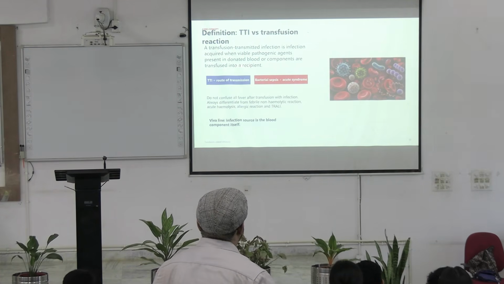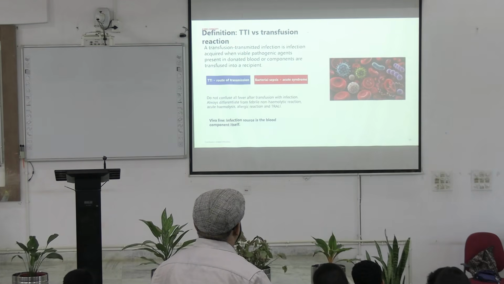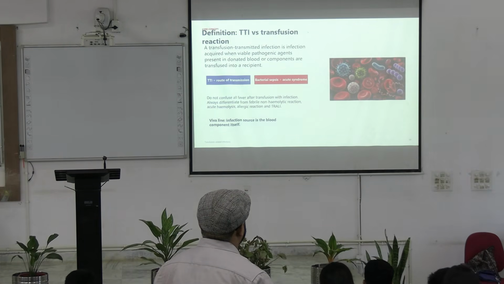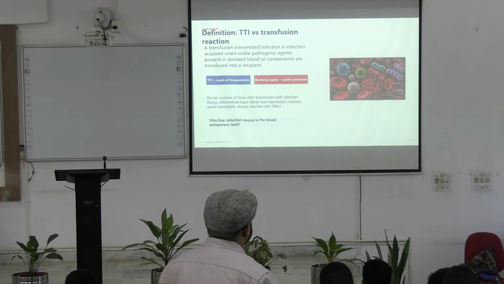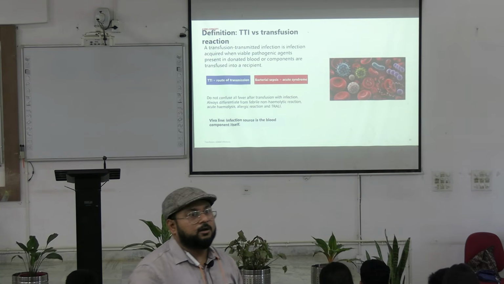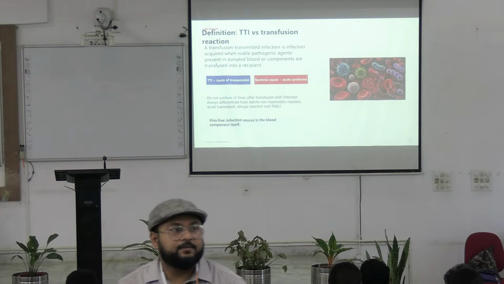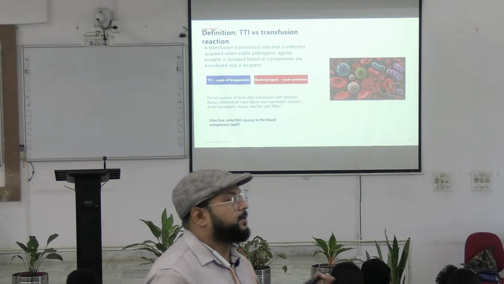And what are those? These are basically definitions. A transfusion transmitted infection is called TTI, and this is an infection acquired when a viable pathogen or agent present in the donated blood or components is transferred into a recipient. Suppose a patient is HIV positive, malaria positive, hepatitis B positive.